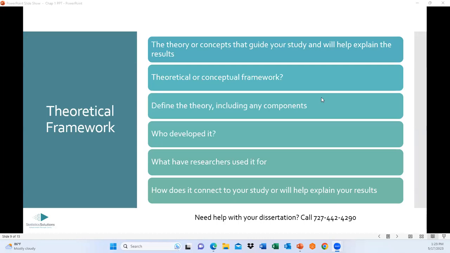Data is moot. Data can't speak for itself. So the role of theories, or even concepts, if it's qualitative, is to help you explain the data and the differences or whatever you're looking at in the data. It also helps guide your study.